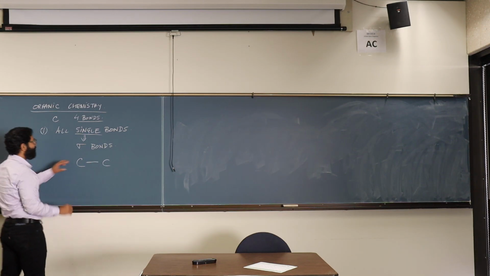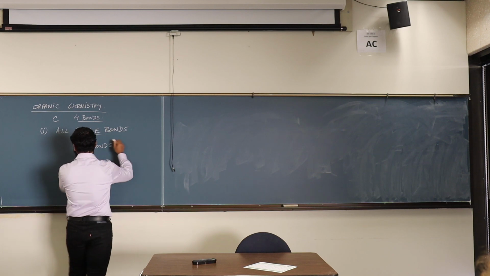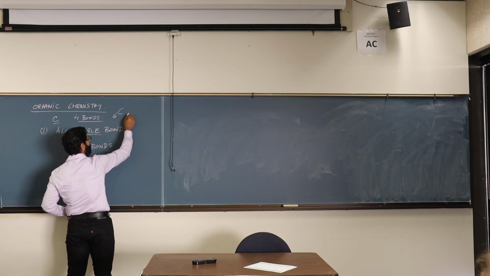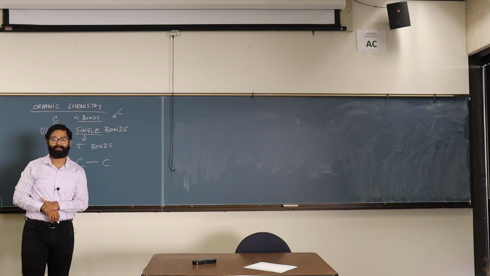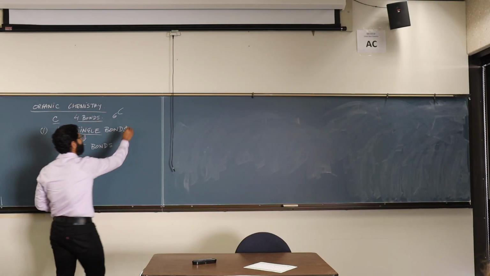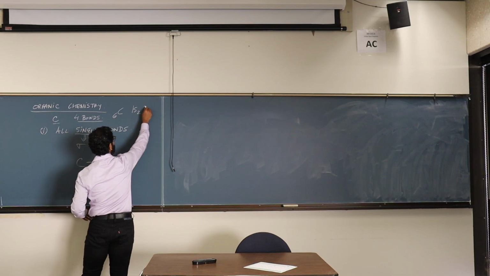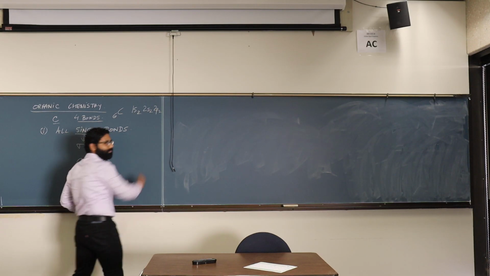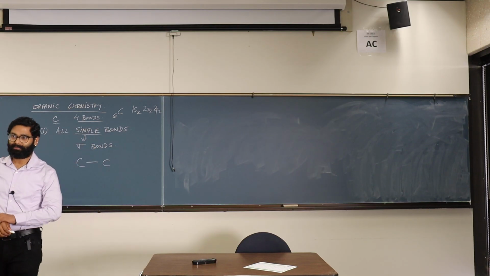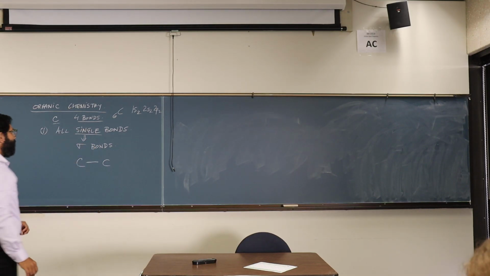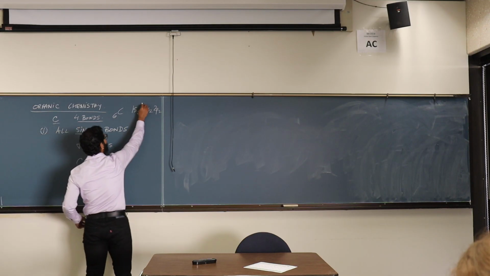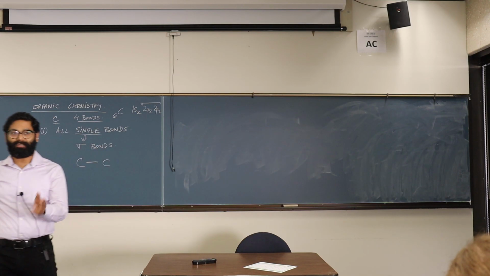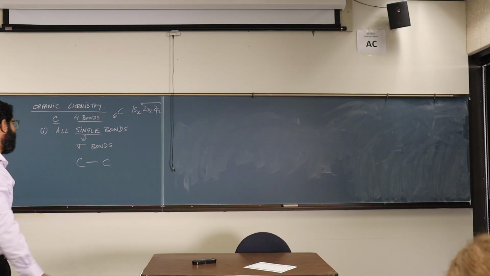The first thing is, what is the electronic configuration of carbon? 1s2, 2s2, 2p2. Make sense? Here you will see that the outermost shell has 4 electrons. And that's why carbon is in the 14th group, so 2, 4, that's also there, right?